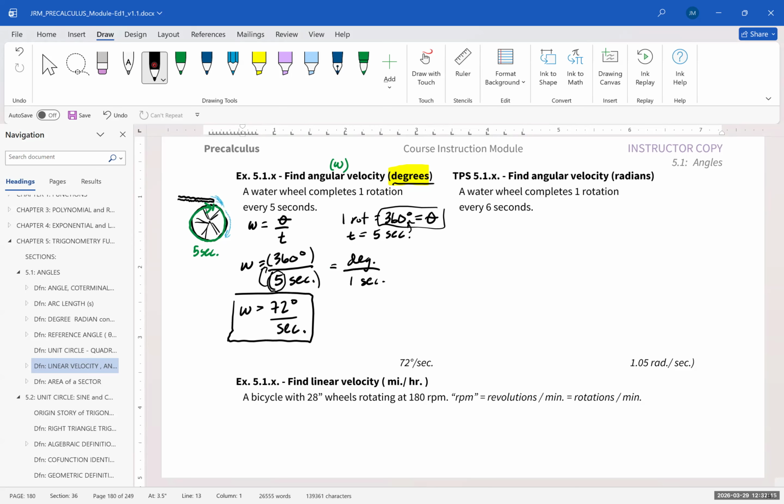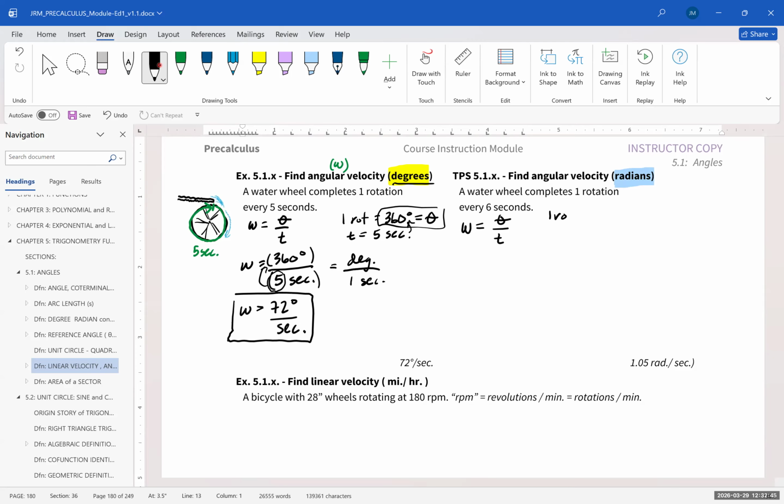Okay, so this think, pair, share is very much like the previous one, except now, instead of degrees, we want to calculate this in radians. All right, so it's the same scenario with the water wheel, and we're going to use the same formula. So it's angular velocity is equal to the angular measure divided by a period of time.